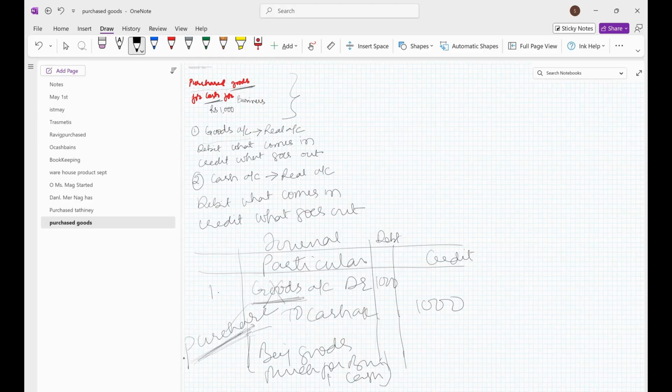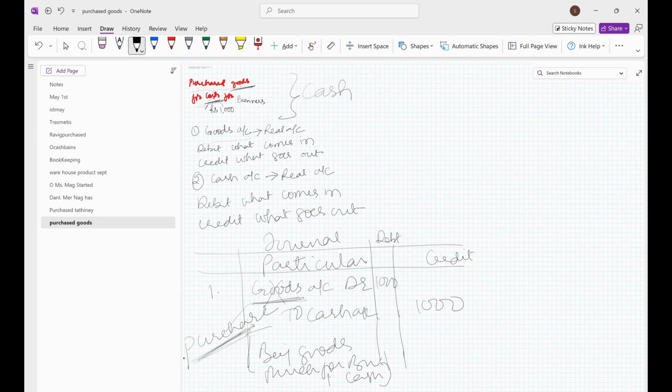And what type of transaction is this? Whether it is a cash transaction or credit transaction? It is a cash transaction. Why? Because you paid cash and you purchased goods. If it is a credit transaction, how will you know? Cash will not be there. Instead of cash, you'll get a person name.